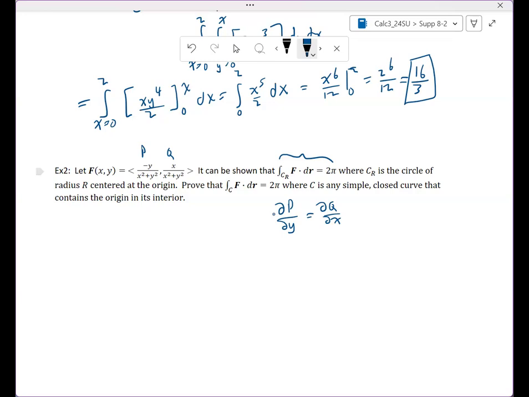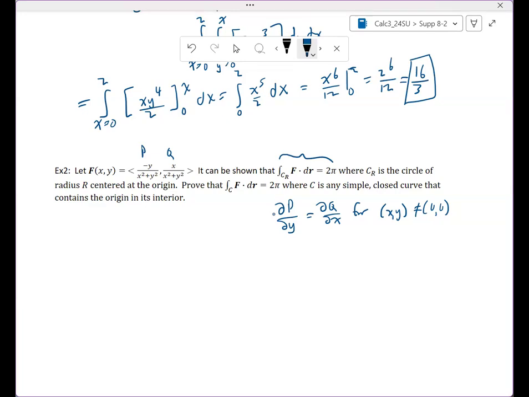So really this is true for x comma y not equal to 0, 0. And because this circle centered at the origin does enclose the origin, this kind of blows up, right? This idea of a conservative field doesn't help us with this line integral here. And if we do the line integral, we end up getting 2 pi.